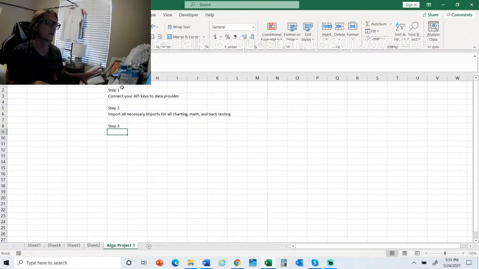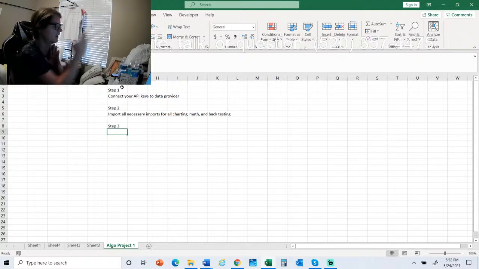After I connect to the API and I can request which symbols I want, and after I've made sure that my coding has all the necessary tools to finish the project, then I can start with the actual coding process.